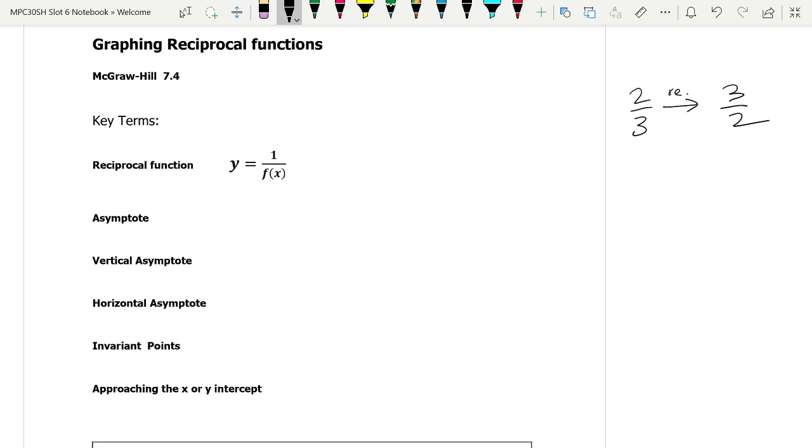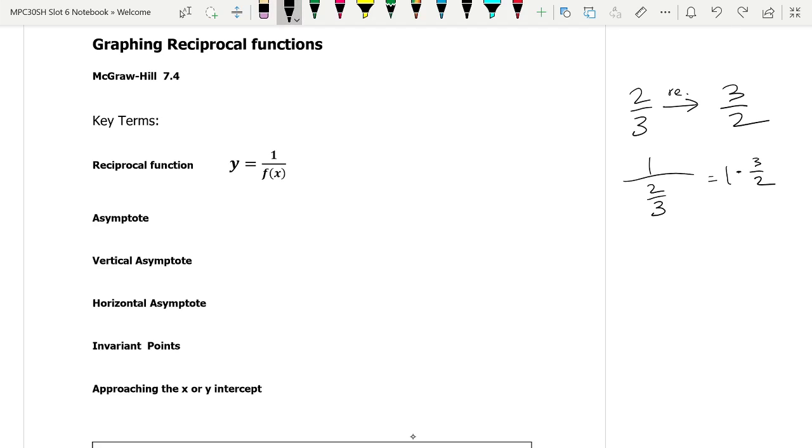But really what you actually did was you divided 2/3 into 1. And that's where you learn that that's the same thing. Dividing like that is the same as multiplying by the reciprocal. So that's why a reciprocal function is take the function and divide it into 1. Okay, so there we go.